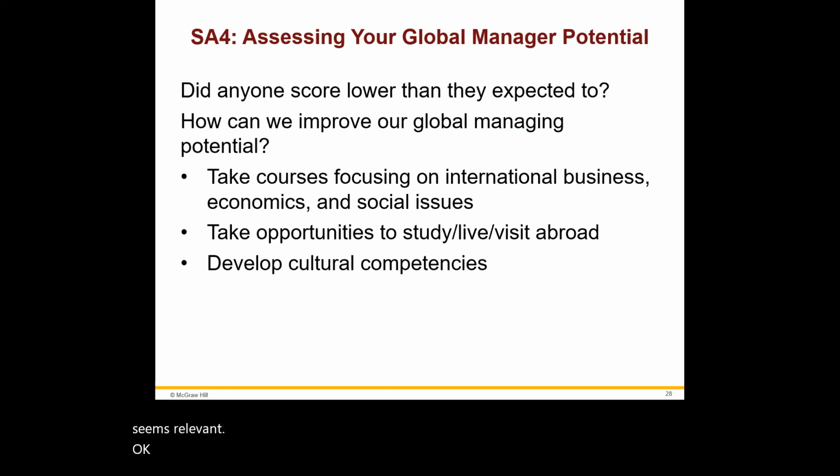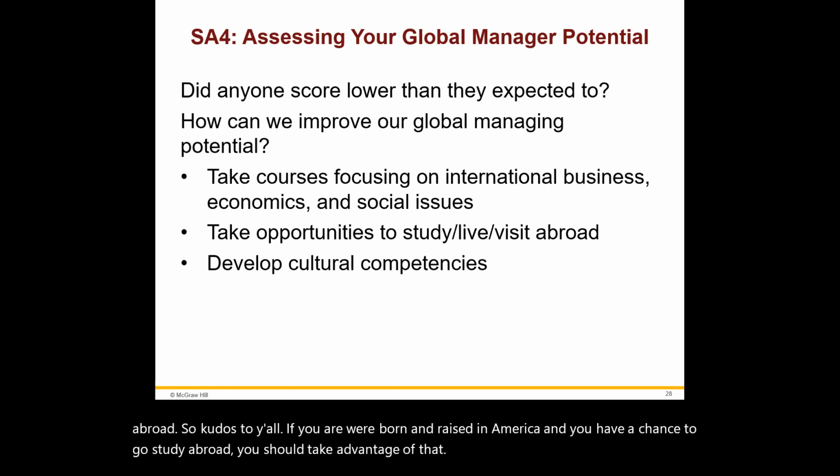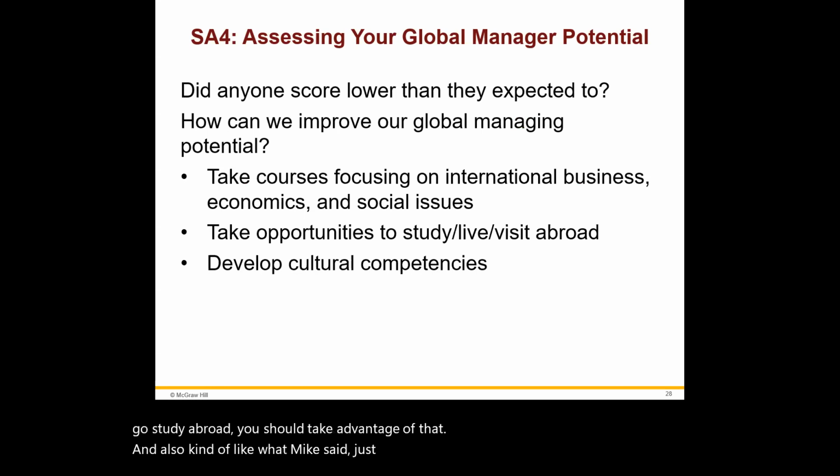Take opportunities to study, live, or visit abroad. A lot of UIC students are studying abroad, so kudos to y'all. If you were born and raised in America and you have a chance to study abroad, you should take advantage of that. And also, like what Mike said, just developing cultural competency. We'll actually talk about that as our next point.